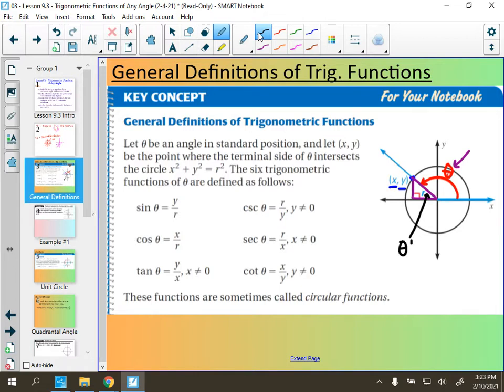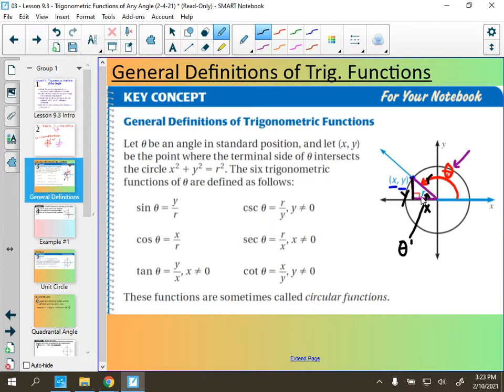Now that's an acute angle, and we can start talking about side lengths. How long is this side? We went up y units, so it's y units long. How far left did I go? I went x units to the left. So I've got a triangle with three side lengths defined as x, y, and r. Let's stand at this little theta and find the sine of it. I call it theta prime.